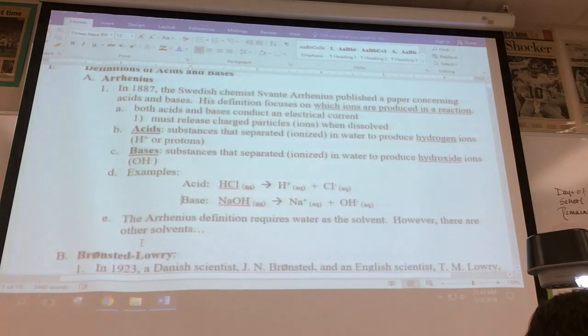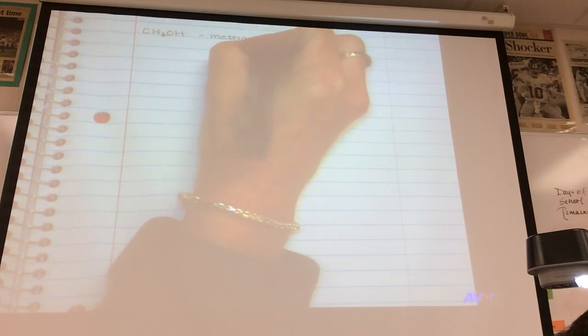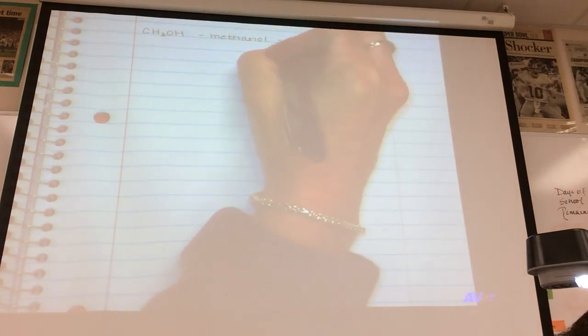The other point I do want to make, because this comes up sometimes, bases generate hydroxide ions. Bases, what you're going to have here, metallic cation, hydroxide ion. Be careful there. If you have something like this, that's methanol, which is an alcohol.